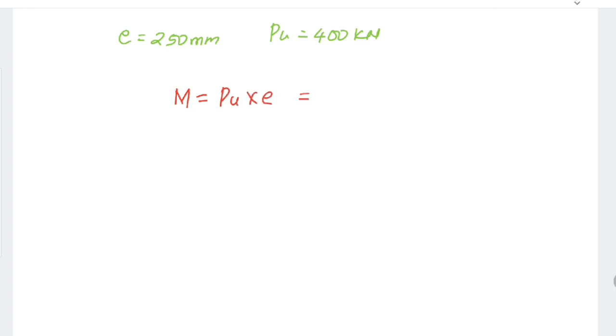It will be equal to how much? 400 into 250, which is equal to kilonewton meter. This is the moment which will be resisted by the bracket plates.